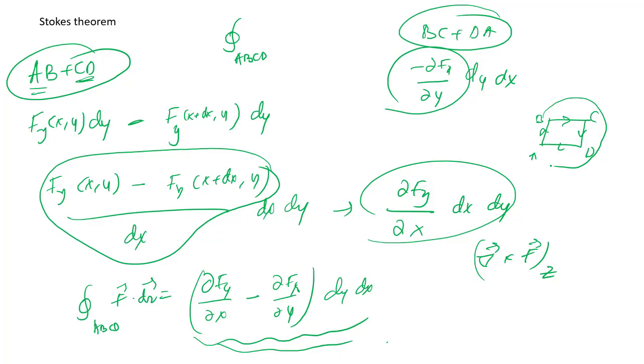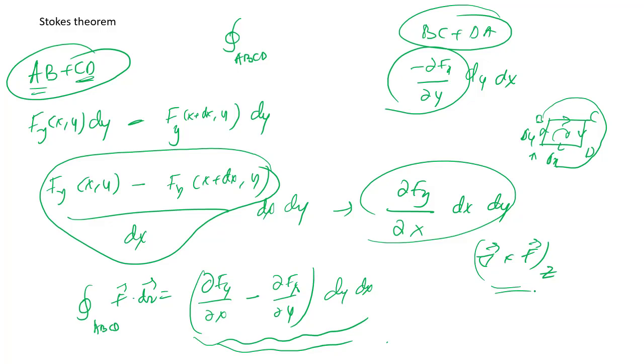So if I take a vector field like F and I went around the loop ABCD, which is a tiny loop that has the dimensions of delta X, delta Y, then I can see that if there is curliness to this, then this is non-zero, right? So that's exactly what curl is telling us.